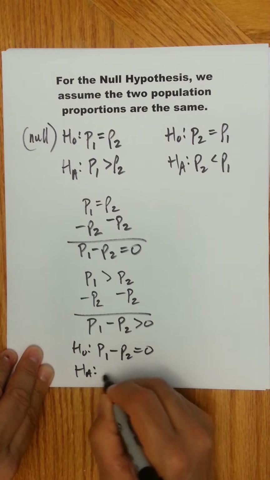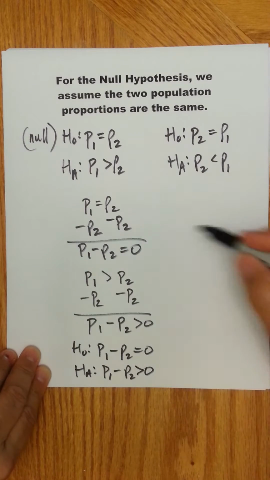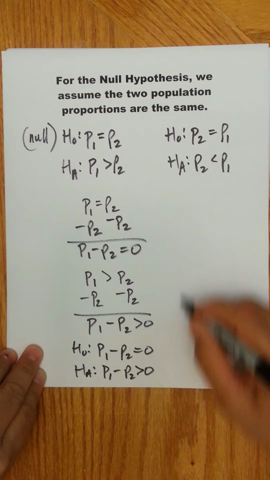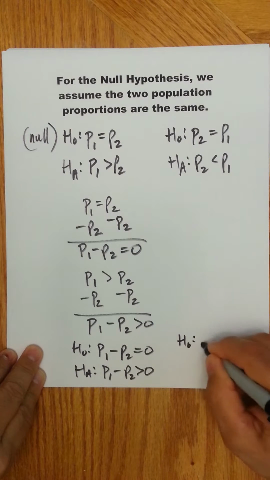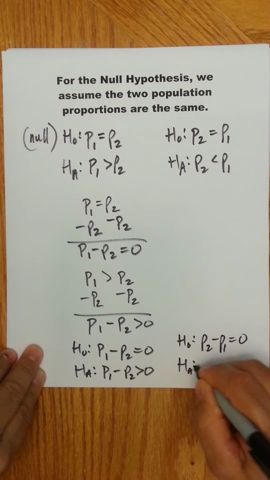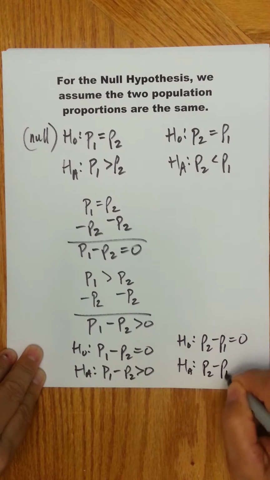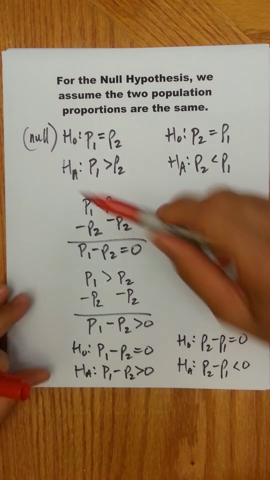And for the alternative, P sub 1 minus P sub 2 is greater than 0. And then also, doing the same thing, I could have used algebra and gotten P2 minus P1 equals 0 versus P2 minus P1 is less than 0. So all of these four forms are really saying the same thing.